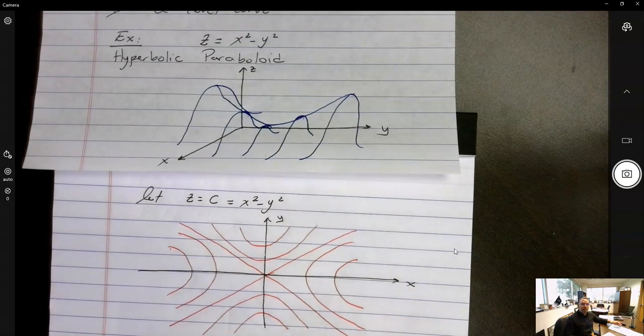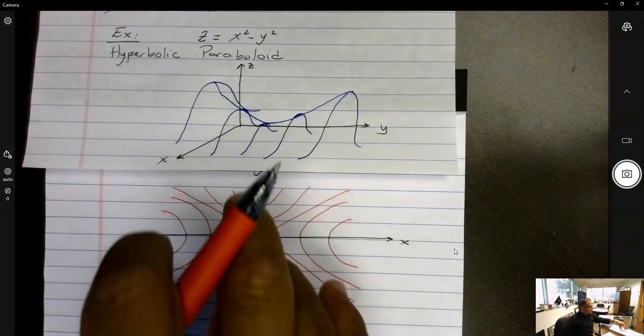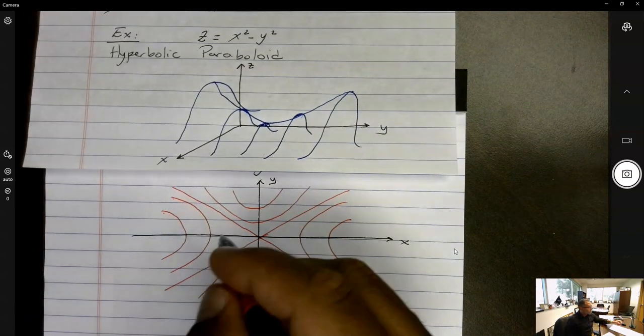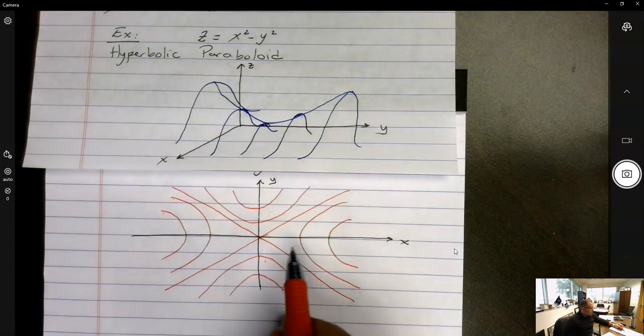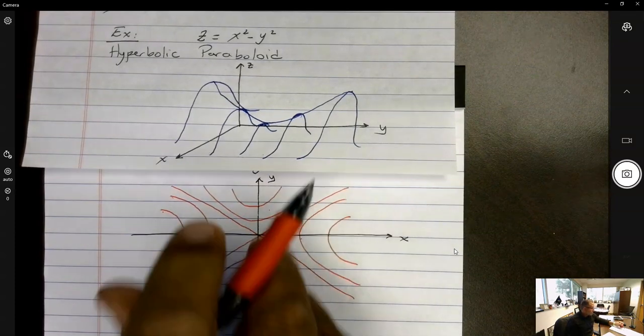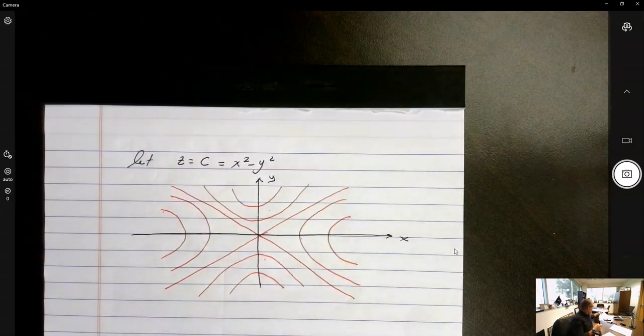So depending on where that plane is drawn, I'll see a version of this picture, maybe these two hyperbolas, or these hyperbolas, or in fact the two straight lines.